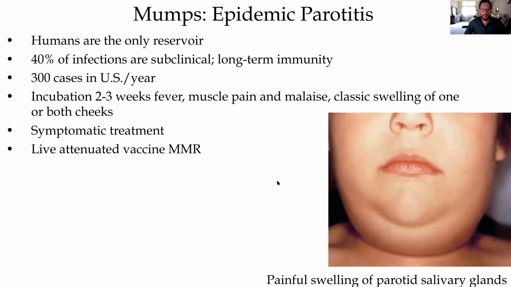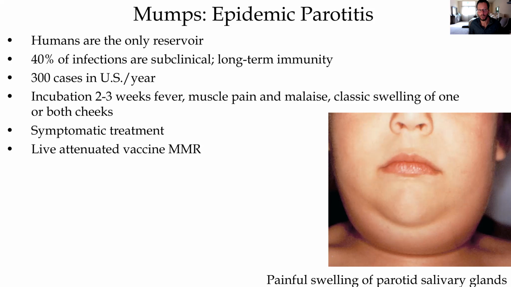Mumps, I guess 40% are subclinical. So we don't really even know that we have mumps in 40% of the population. This is an example of a virus that's only passed on from human to human. You can't get mumps from your pet or the mice that live in your house or the deer or some kind of insect that bites you.